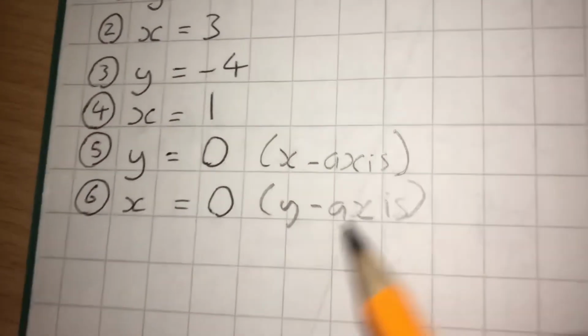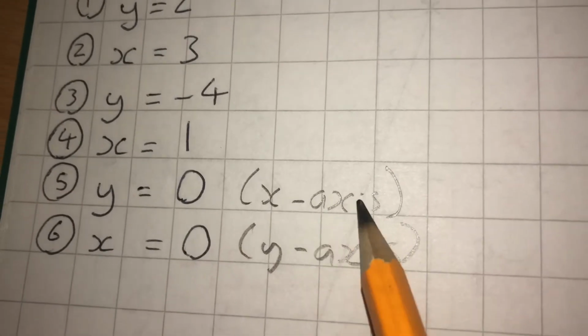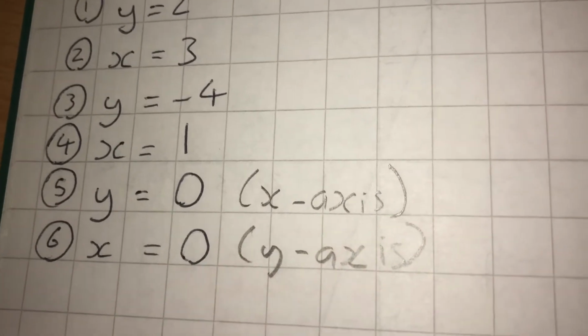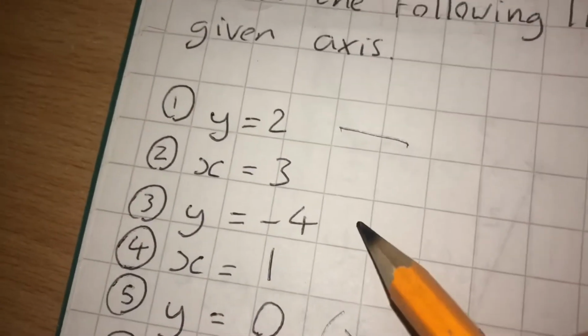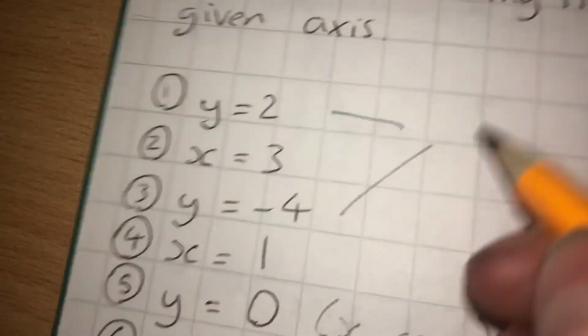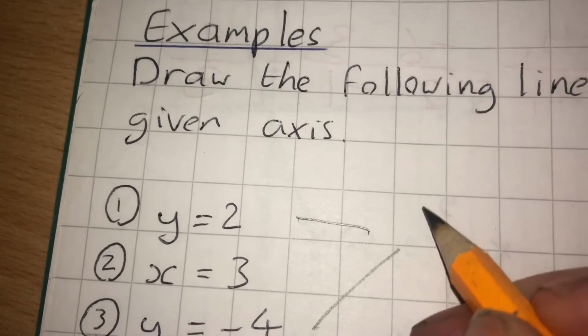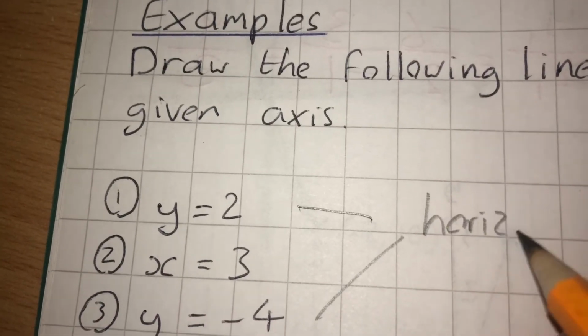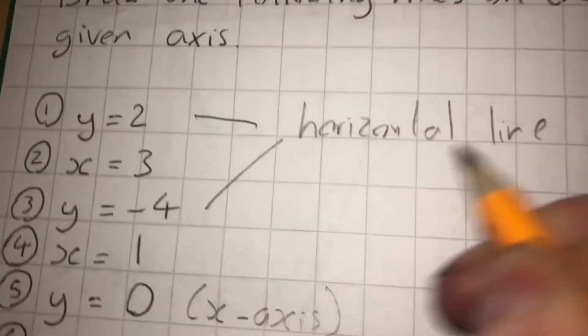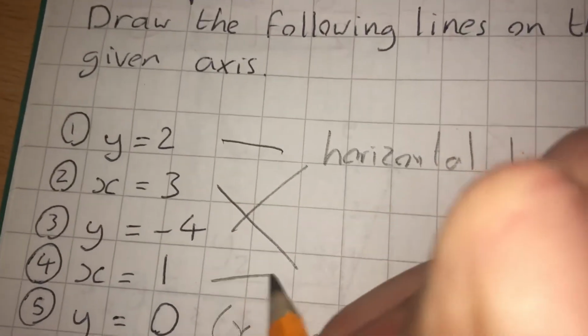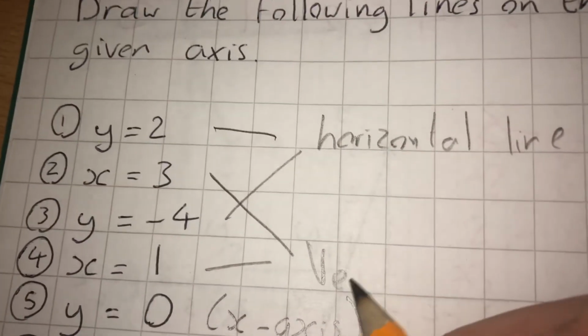So just something to bear in mind, y equals 0 is the x-axis, x equals 0 is the y-axis. Anything y equals gives me a horizontal line, and anything x equals gives me a vertical line.